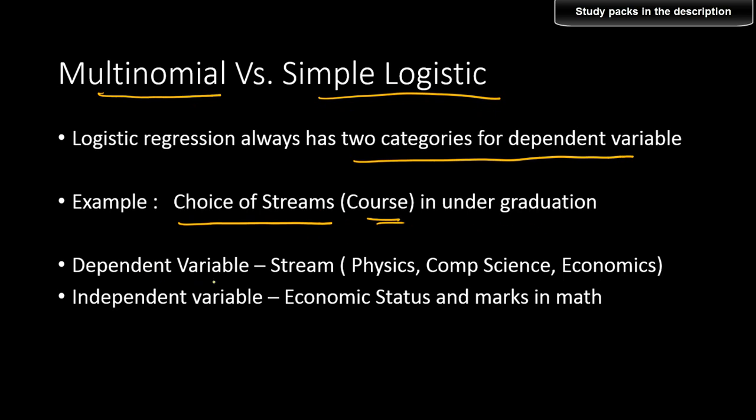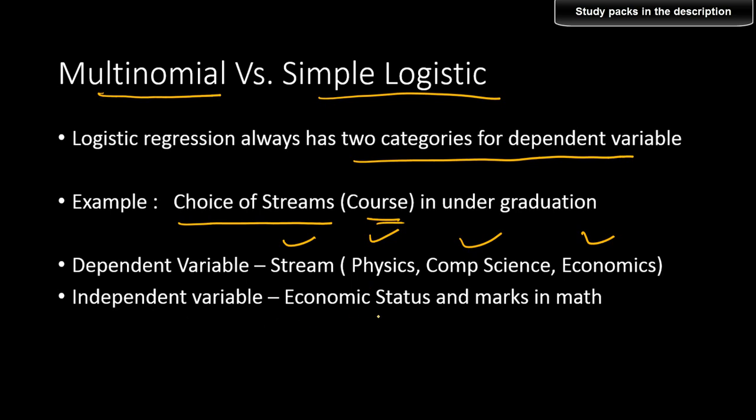Our dependent variable is stream, that means which stream of subject a student is choosing in undergraduation. Our dependent variable has three values: physics, computer science, and economics. The objective of the study is to find out what makes people choose subjects like physics, computer science, and economics, and what is the order of choosing physics over computer science, physics over economics, and so on. That's the idea about the study.